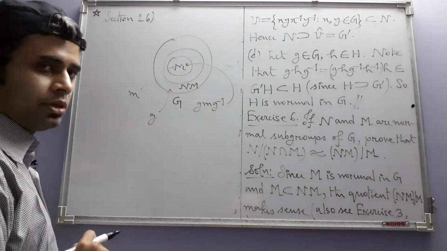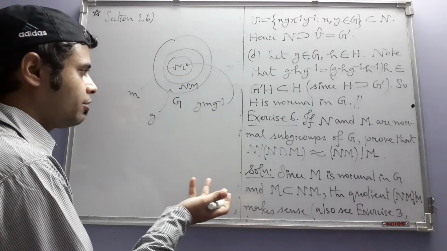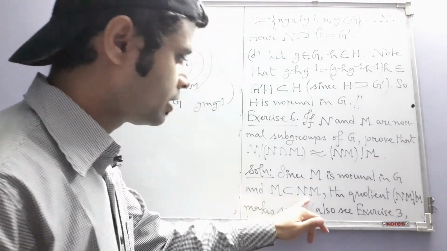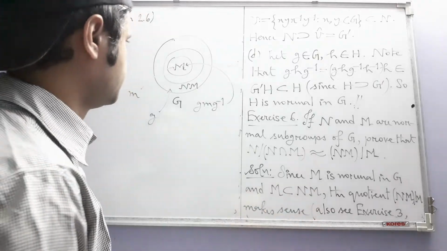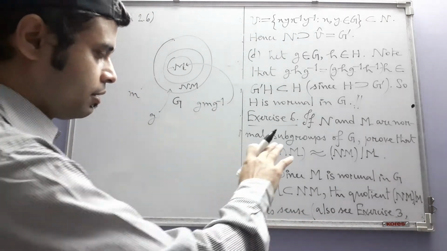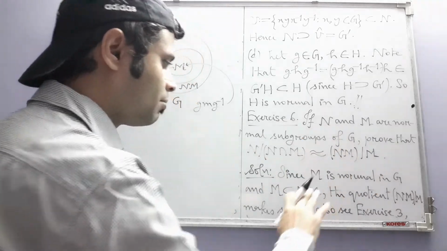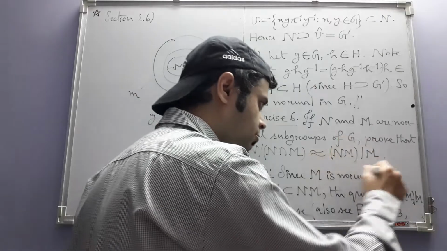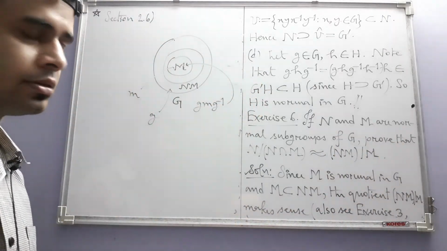This will belong to M, and all of these are happening because M is contained in NM. So that's why M is normal in NM, and that is why this quotient actually makes sense.